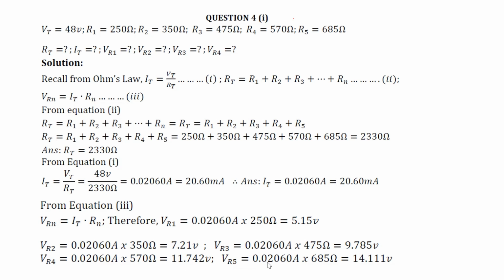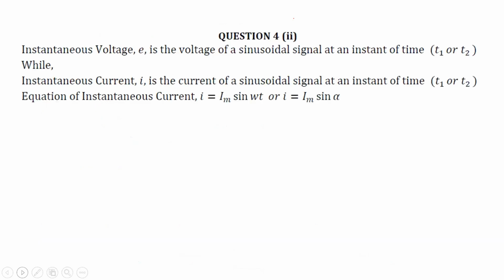Then for VR5, 0.02060 ampere times 685 ohms gives us 14.11 volts. If you sum them together, that will give you the total voltage, which is 48 volts.